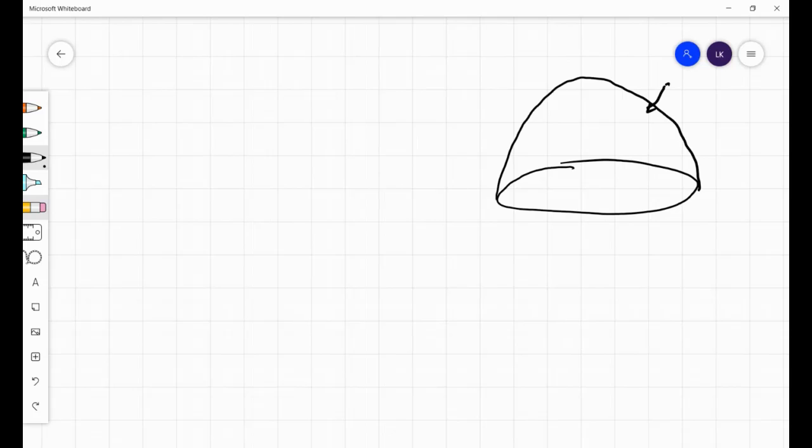Call that hemisphere H. And the hemisphere is given by x squared plus y squared plus z squared equals a squared, but let's say where z is positive, so it's the upper hemisphere.